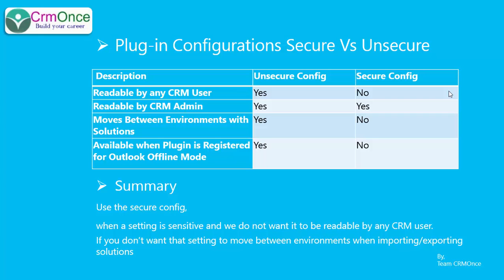But anybody who has access to the plugin registration tool can open and see the configuration, that's physically looking at the configuration. But let's say your plugin is executing in some user's context who doesn't have admin permission, and your plugin needs those parameters to be read, then you can put those in the unsecure configuration and read them.